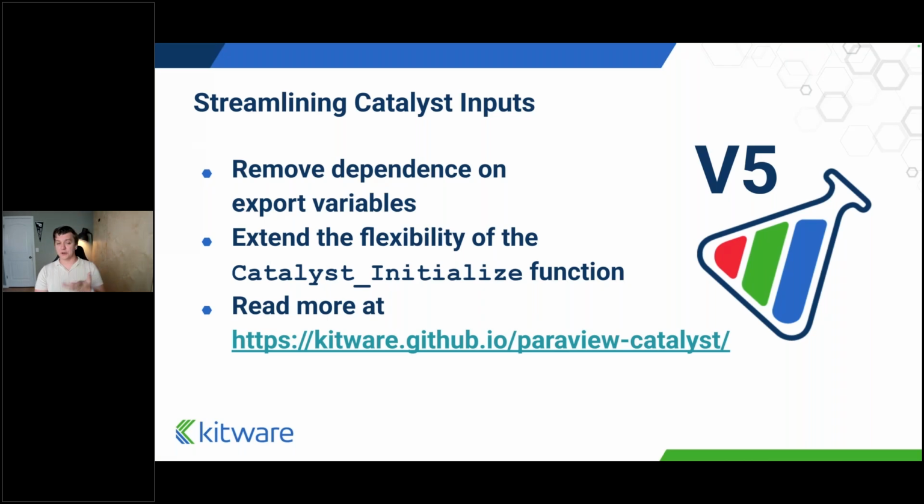So there is a version 5 actually available in the examples. We have this described at kitware.github.io/ParaView Catalyst. This actually has this entire walkthrough spelled out in quite a bit more detail with links to necessary reading for building things like ParaView, building Catalyst out of the box.